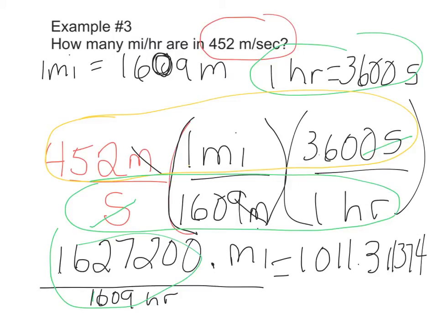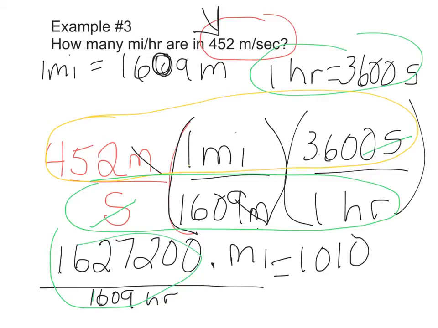So let's look back at our original problem. 3 significant figures. So we're going to need to cut this down to 3 significant figures. So that's going to be kind of easy. So I'm simply going to change that 1 to a 0. All right.